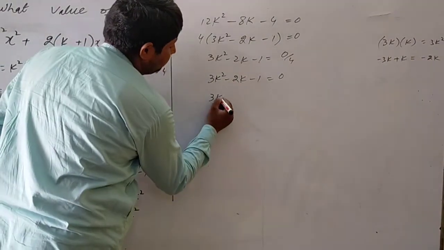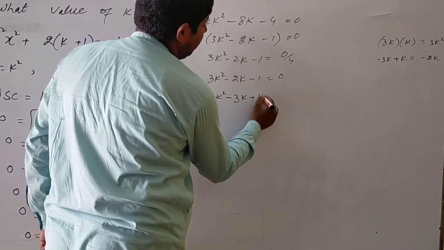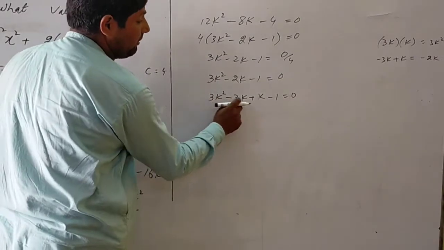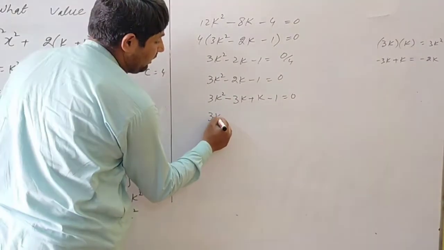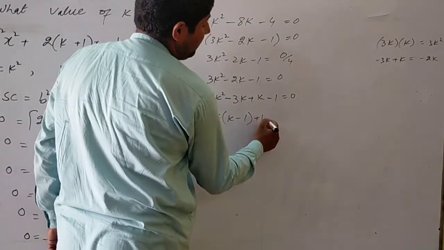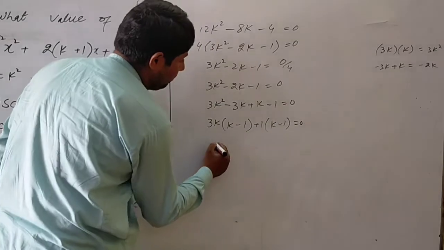3k square minus 3k plus k minus 1 is equal to 0. Take common from the first two terms: 3k is common, k minus 1. In the next two terms, 1 is common, k minus 1 is equal to 0.